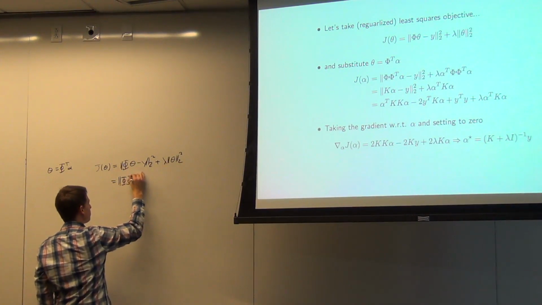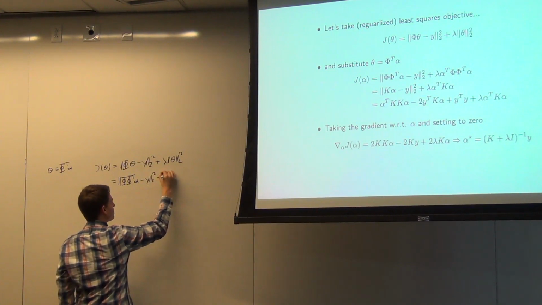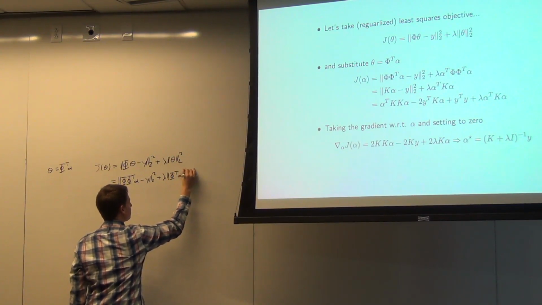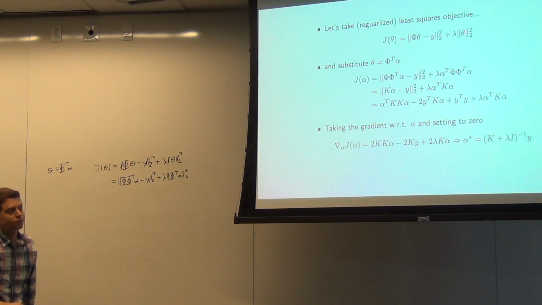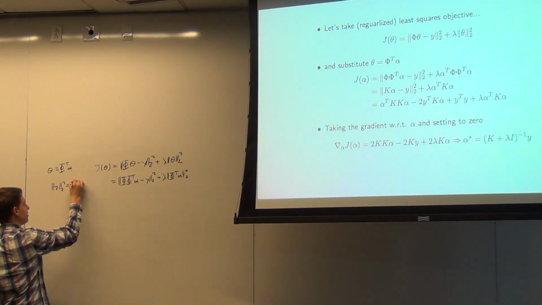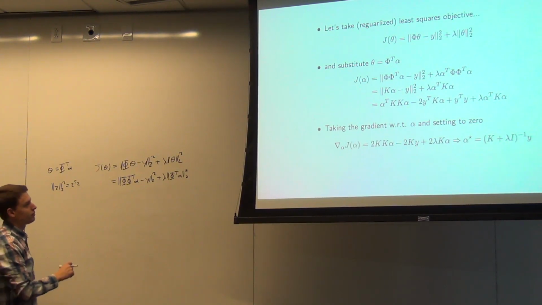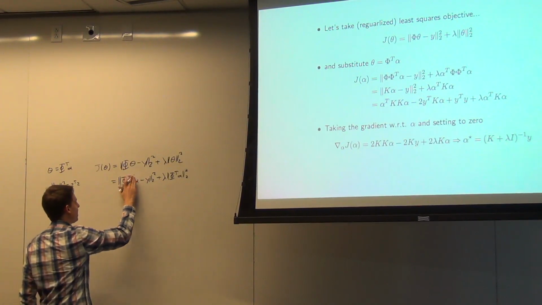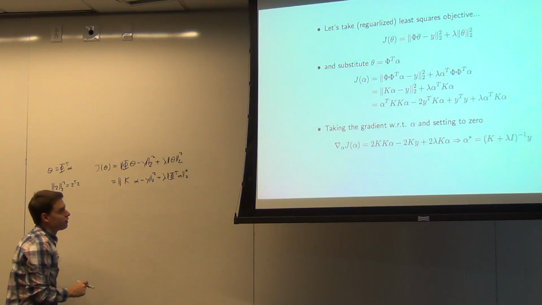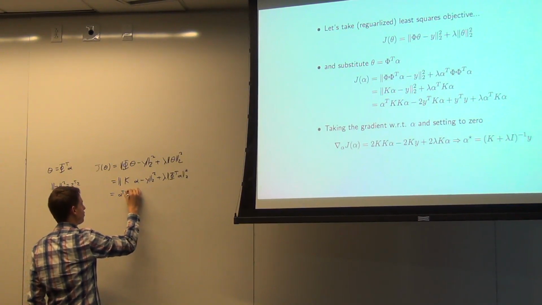So this equals the norm of phi phi transpose alpha minus y, squared, plus lambda times the norm of phi transpose alpha, squared. Now I'm going to use the fact that the 2 norm squared of any vector z equals z transpose z, and expand these out. First, I'm going to plug in K here, since phi phi transpose is just K. So this term is alpha transpose K transpose K alpha.